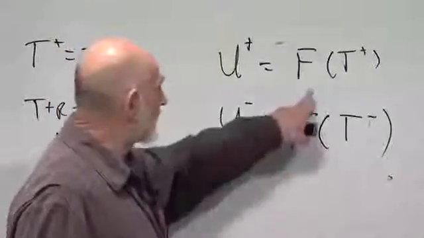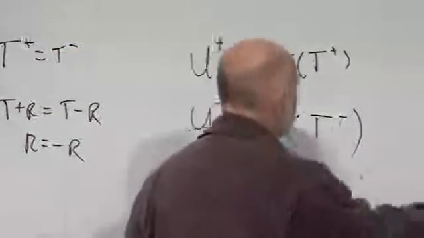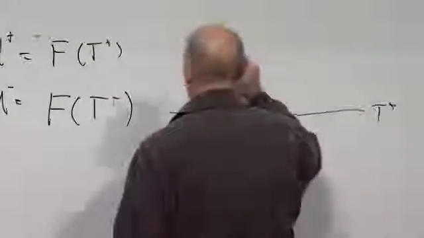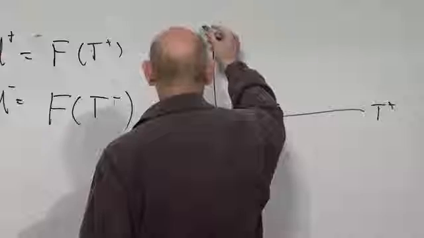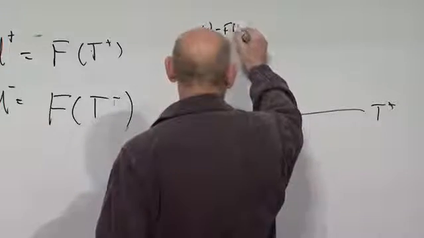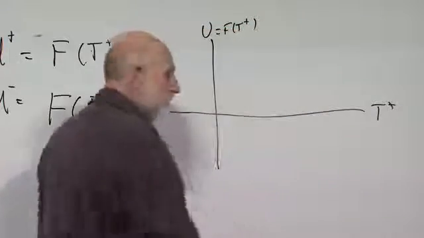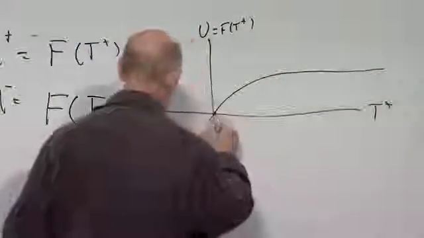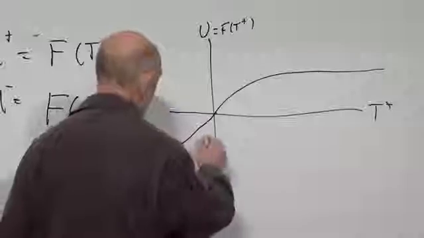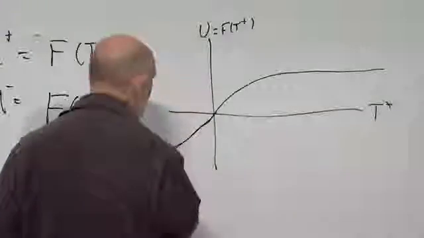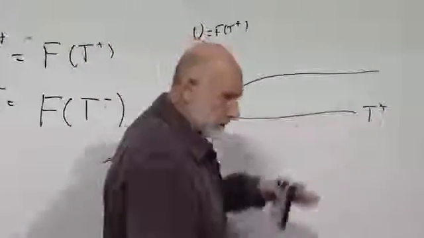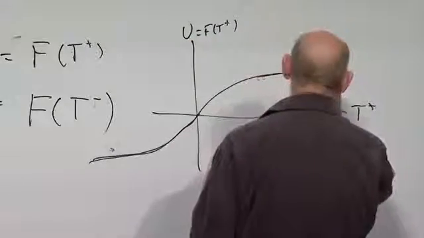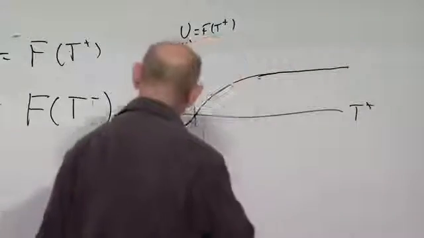What kind of function am I going to use? I'm going to use a function of t plus: u equals f of t plus. And the function is going to look like this. When you go out to large t, it doesn't ever become absolutely flat. It's always got a slight positive slope.